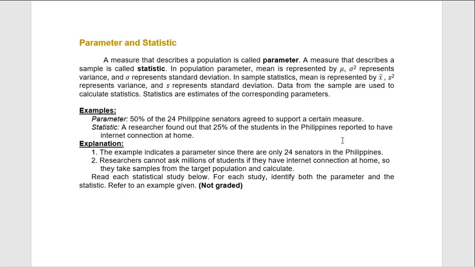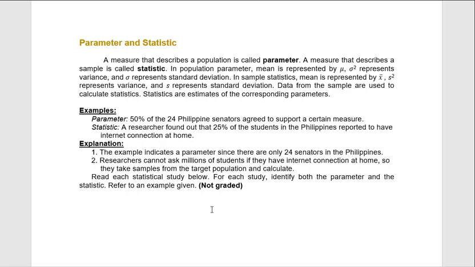So obviously, ang first part, no, itong 50% of the 24 Philippine senators, it is obviously parameter because we only have 24 senators in the Philippines. So kung lahat sila kasali, nung nag-agree or nagbutahan about a certain measure perhaps, no, maybe a bill or a law, then it is indeed the entire population. And therefore, we are talking about parameter in this case.